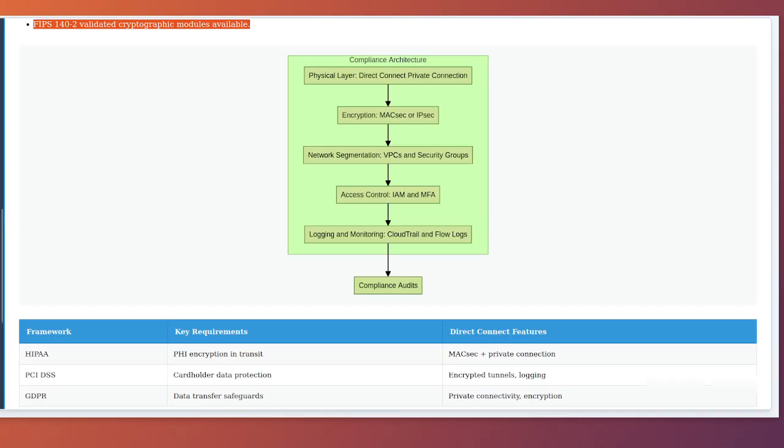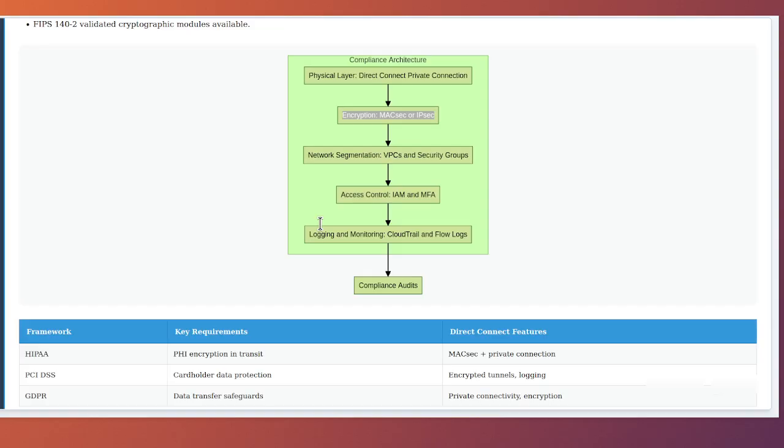The diagram illustrates a compliance architecture stack. At the foundation is the physical layer with Direct Connect providing private connectivity. Above that, encryption layers using MAC-Sec or IPsec provide data protection. Network segmentation using security groups, NACLs, and separate VPCs provides isolation between different data classification levels.